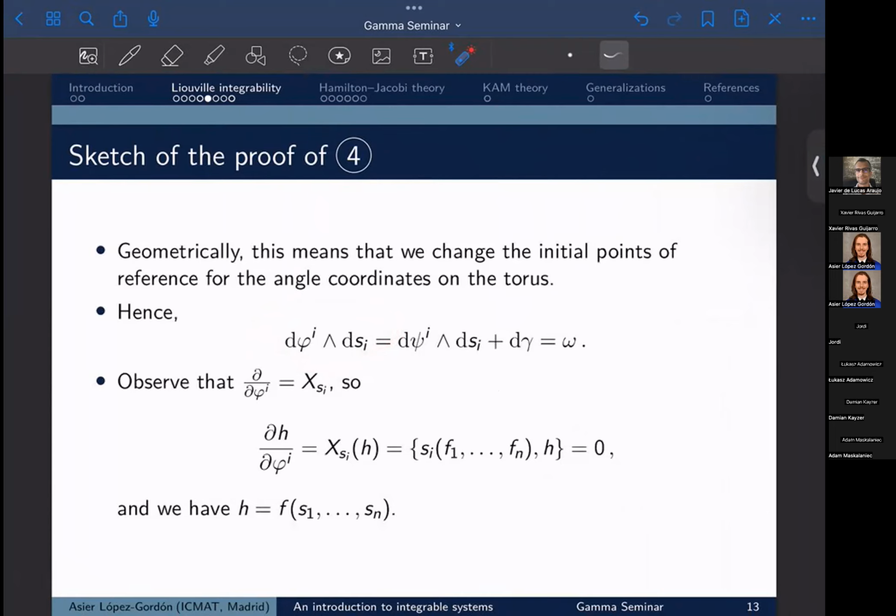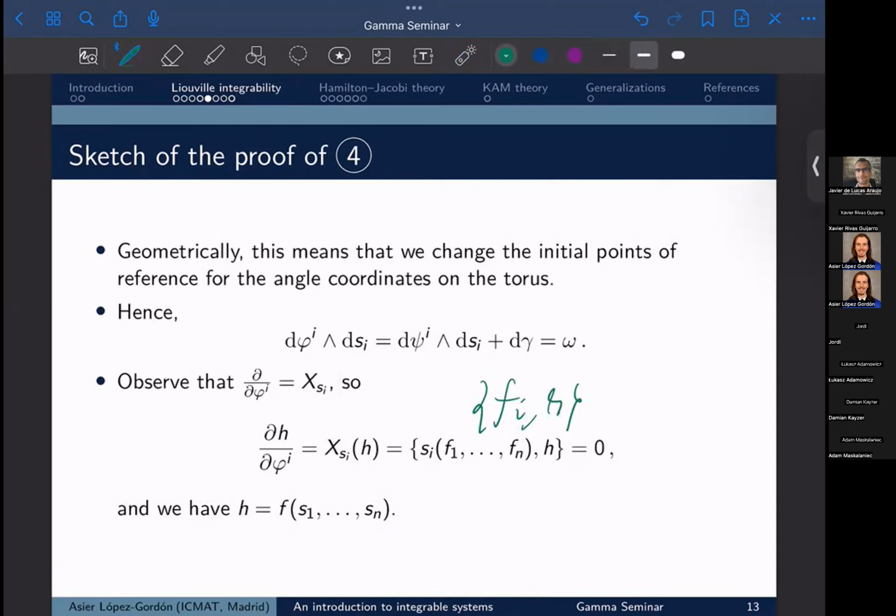Now observe that the Hamiltonian vector field of Si is the partial with respect to phi. Basically this is because they are Darboux coordinates. So the partial of the Hamiltonian function with respect to phi is acting with this Hamiltonian vector field on H, but the Hamiltonian vector field of Si on H is the Poisson bracket of Si with H, but Si is a function of the Fi's, and we are assuming that the Poisson bracket of Fi with H vanishes.